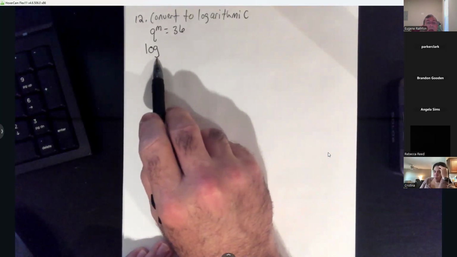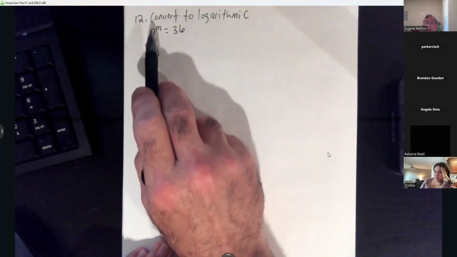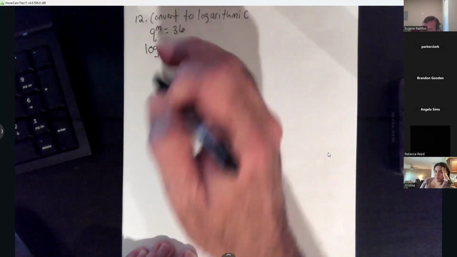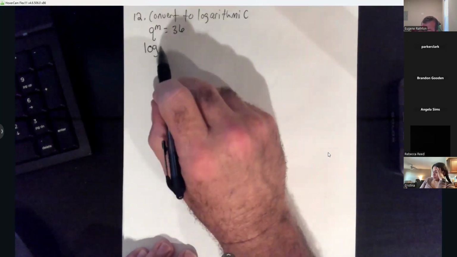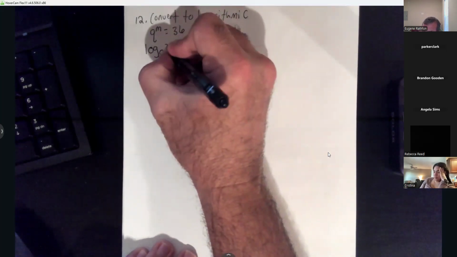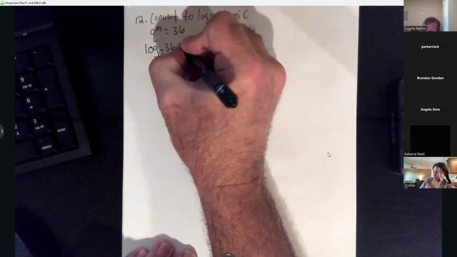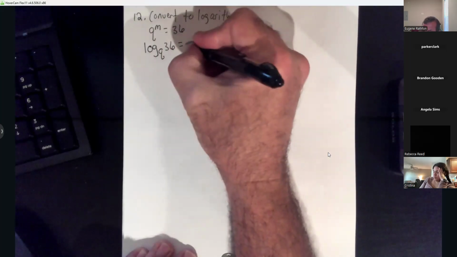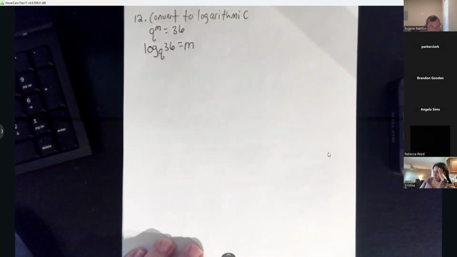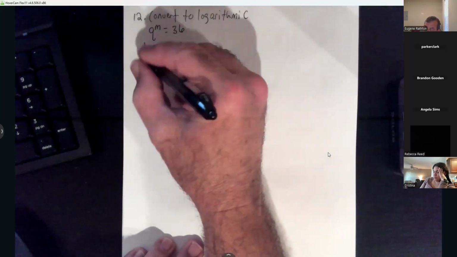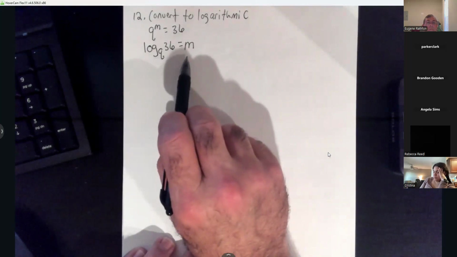The base of my log is the same as the base of the exponential, so you're going to have a little q sitting here. The result is a 36, and that's going to equal the exponent of m. Okay, so this right here is what MathLab is going to want.